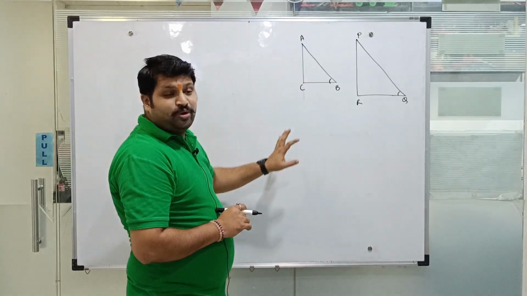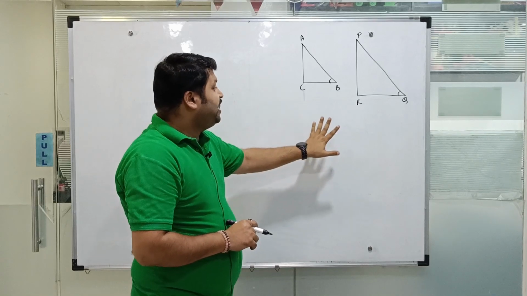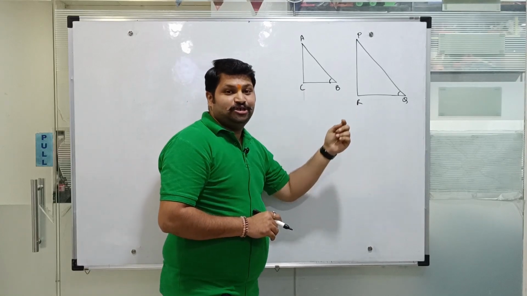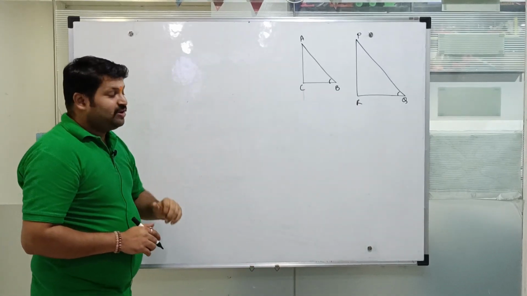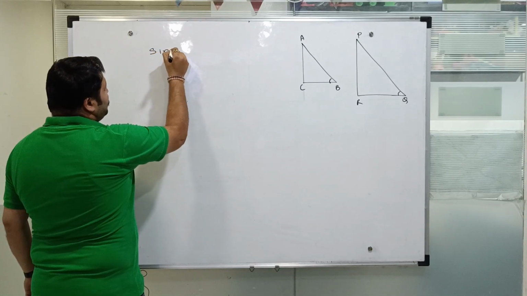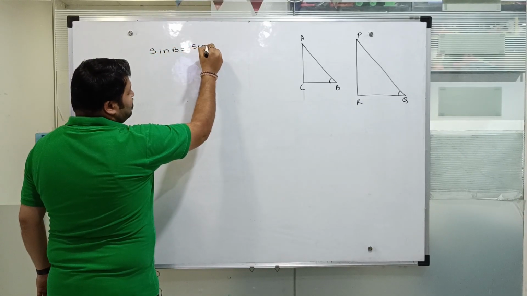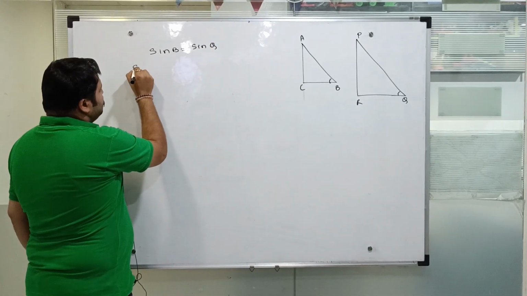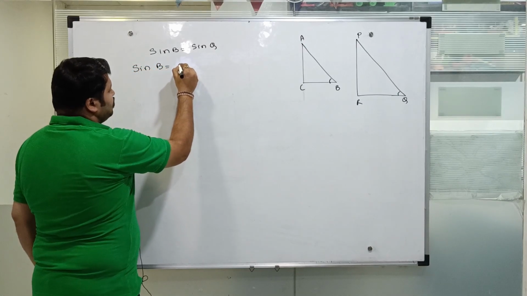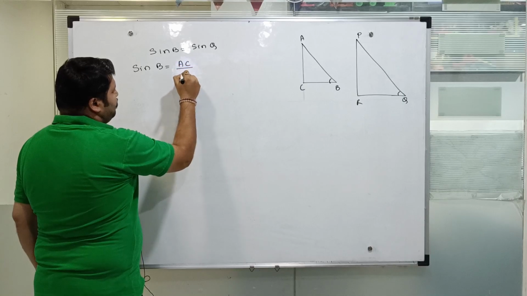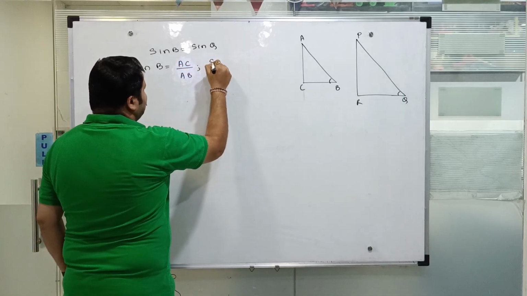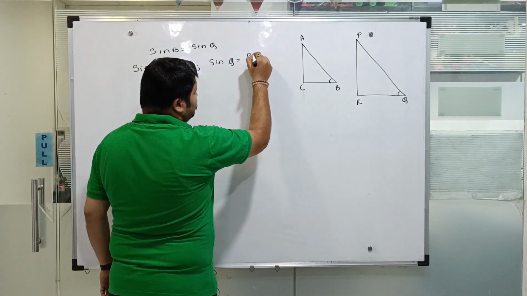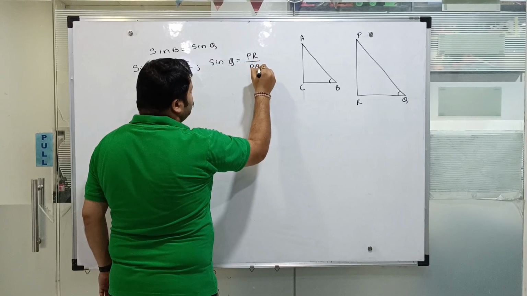Let us consider two right angle triangles, triangle ACB and triangle PRQ. The right angle is at angle C and angle R respectively. Now, according to the given condition, sin B is equal to sin Q. If you look at the figure, the value of sin B will be AC upon AB, and sin Q will be PR upon PQ.